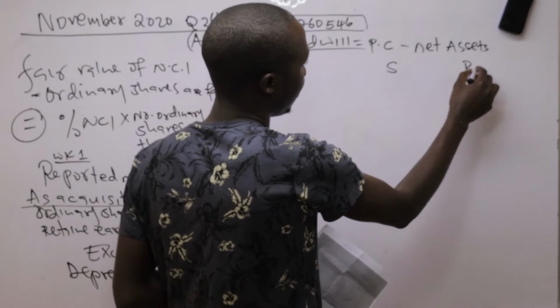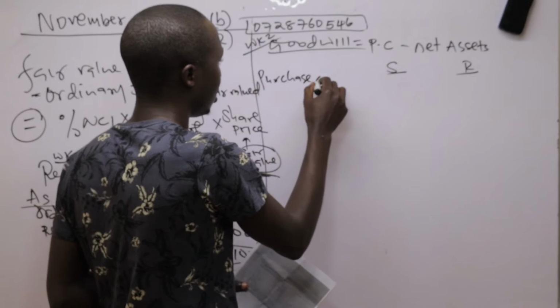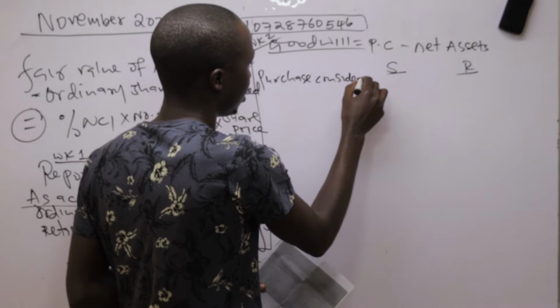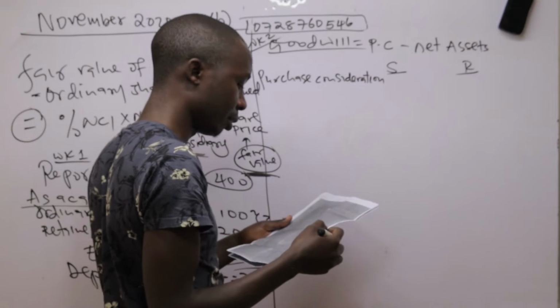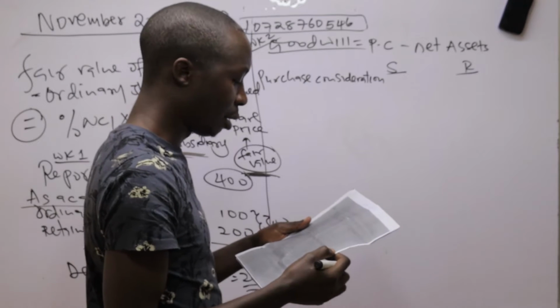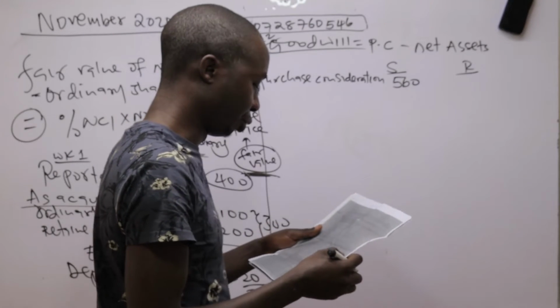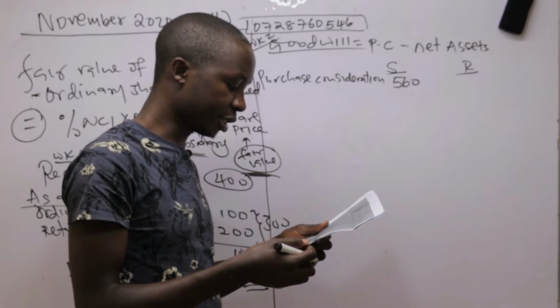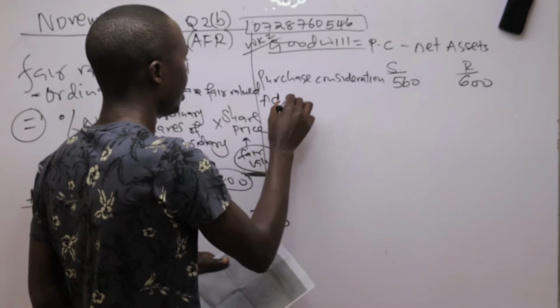So S and we have R. So purchase consideration. When S was acquired, according to note 1, the 75%, the purchase consideration was 560. Then in note 2, when R was acquired, the purchase consideration was 600. So what I will do here, I will add back what?